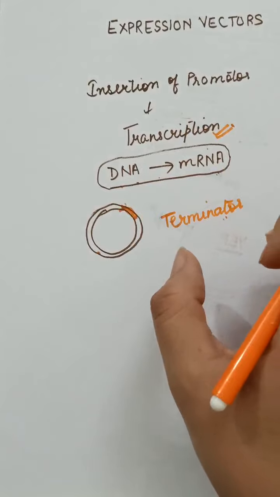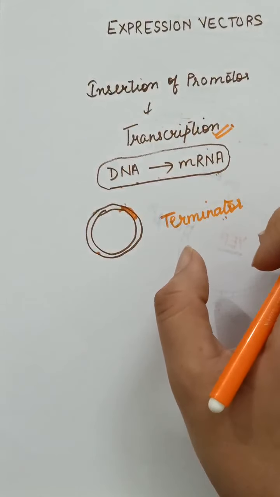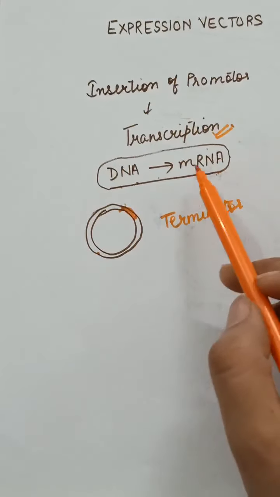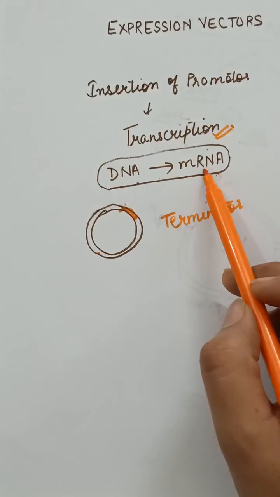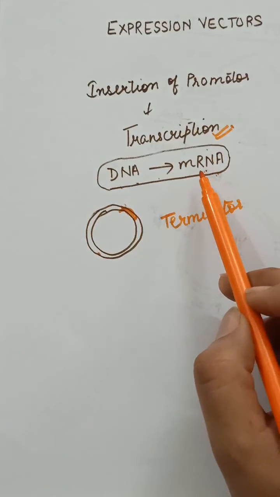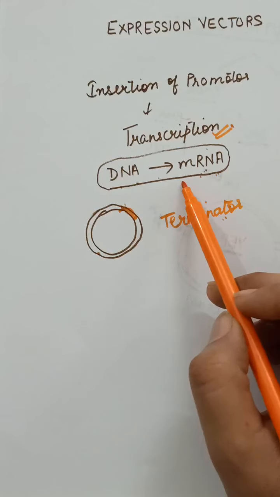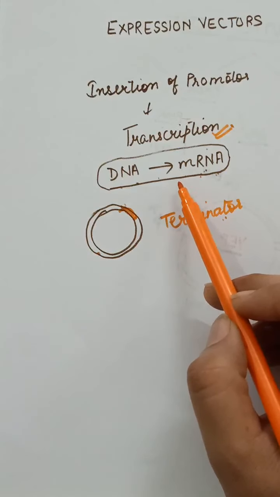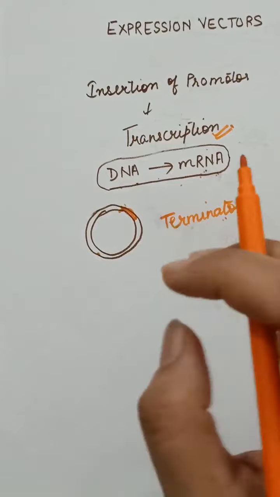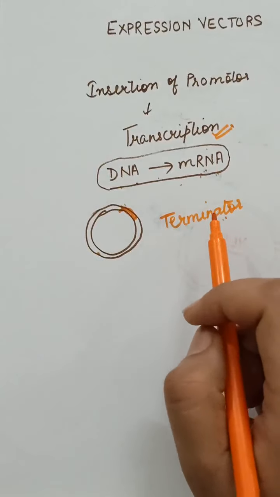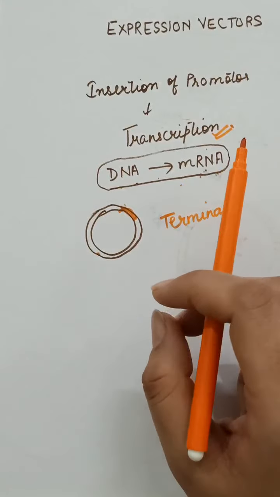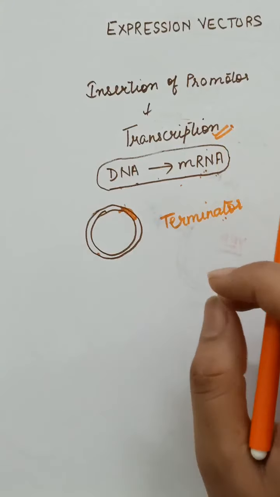Now what is the use of inserting these sequences? Because after transcription, when mRNA is formed, in the next step, known as translation, this RNA converts into a protein. So these are known as signals of protein synthesis.